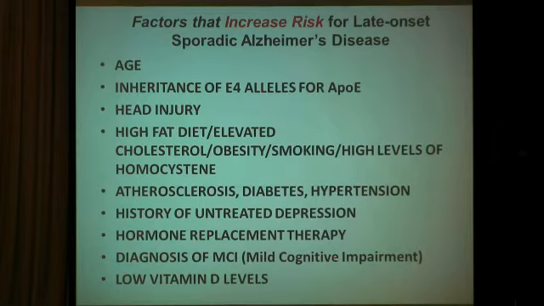Diagnosis of mild cognitive impairment. Mild cognitive impairment in the clinical sense of that term, not in the sense that the lay public might use that term. So the lay public might say someone who's having little problems shows mild cognitive impairment, just the use of those words in common lay usage.